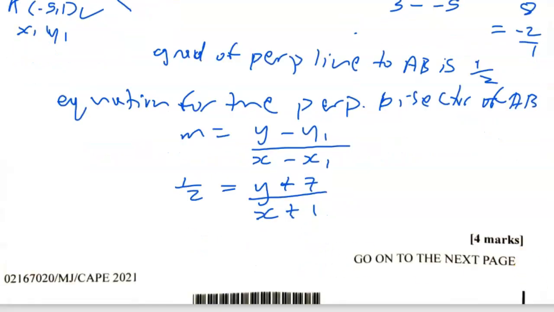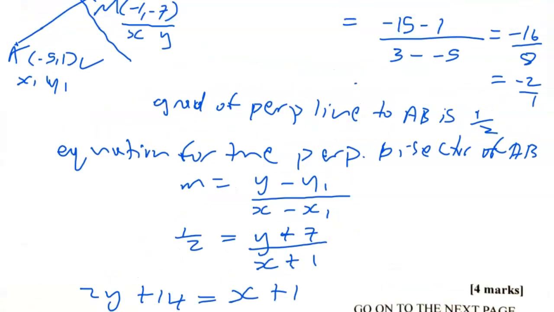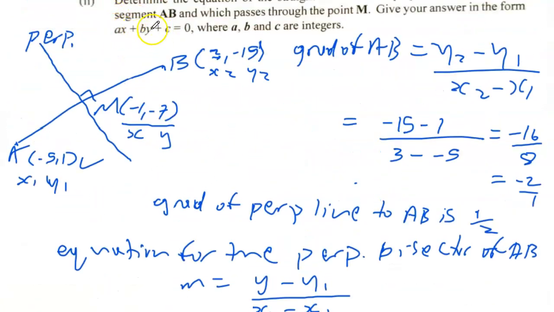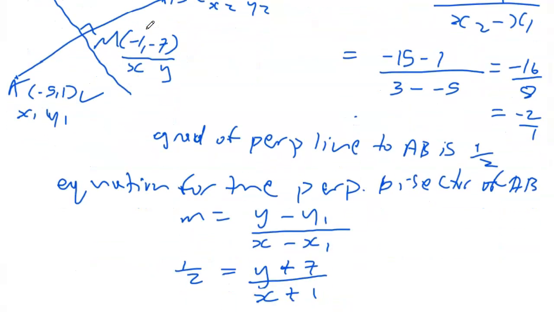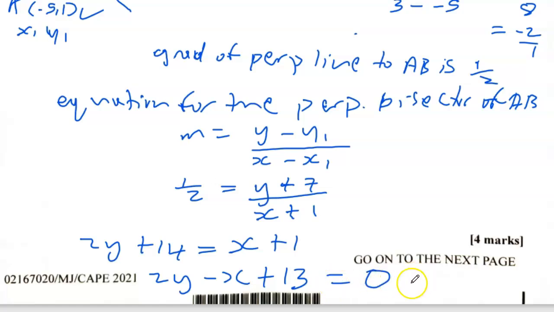Now we can cross multiply: 2 times y is 2y, and 2 times 7 is 14, equal to 1 times x plus 1, that's x plus 1. Now remember the question wants us to write the answer with everything on the left-hand side. So we end up with 2y minus x, and if we subtract 1 from both sides, we end up with 14 minus 1, that's 13, and 0 on the other side. So that's the equation of the perpendicular bisector to AB.